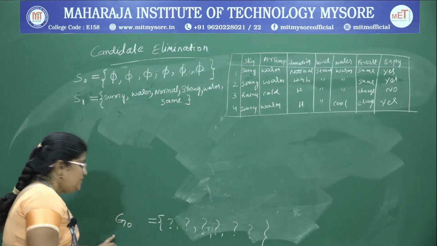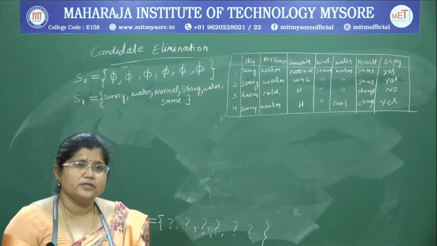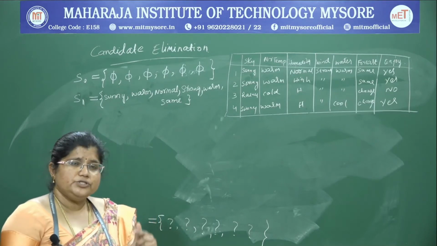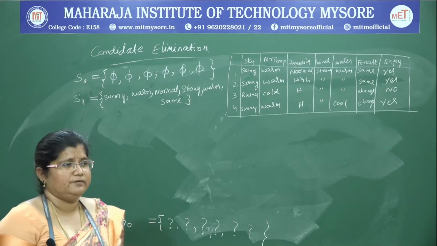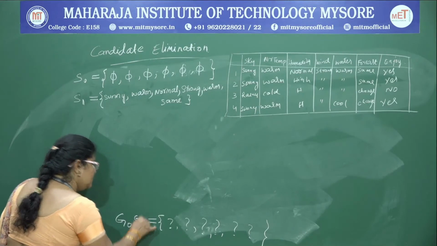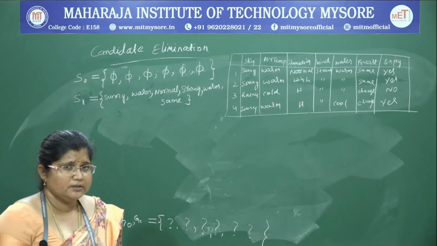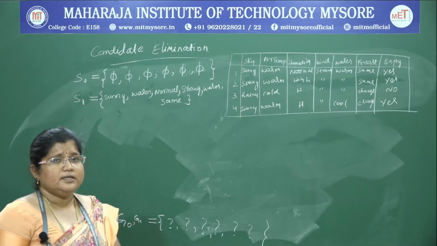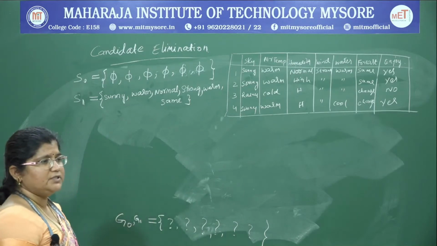But G0 remains general: we did not come across a negative training example, so G0 stays the same. The boundary becomes G1, and G1 is the same as G0. It is the most general hypothesis.